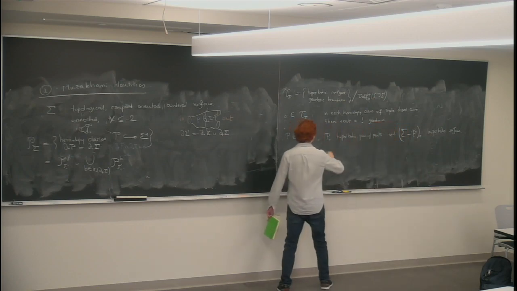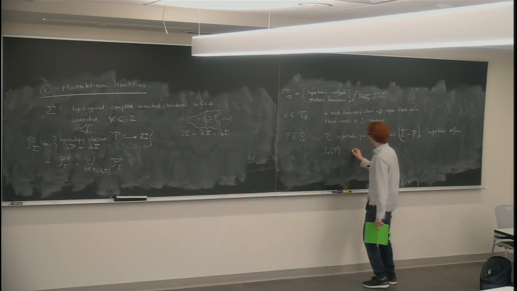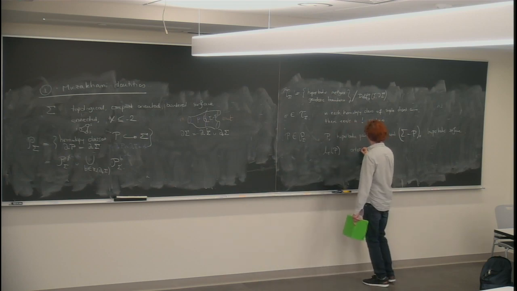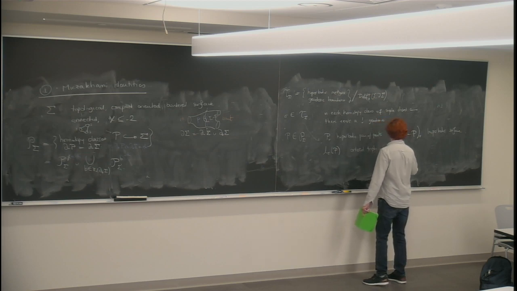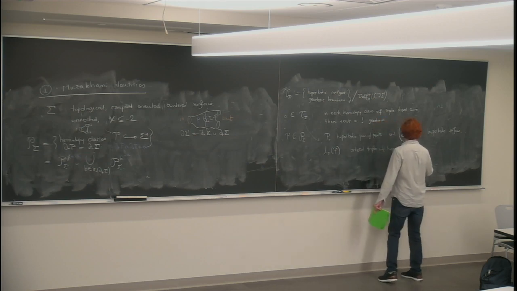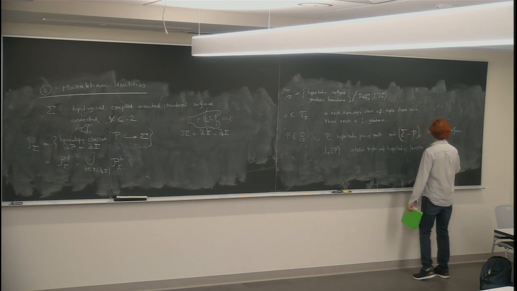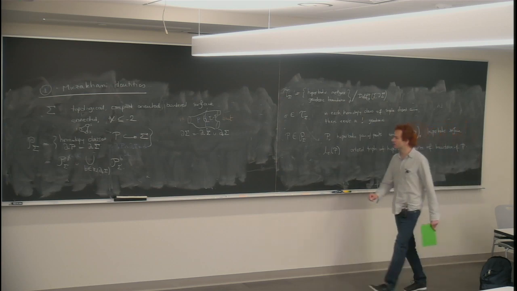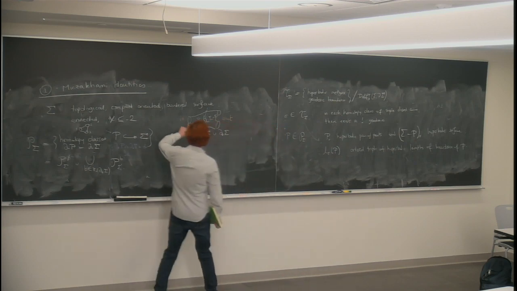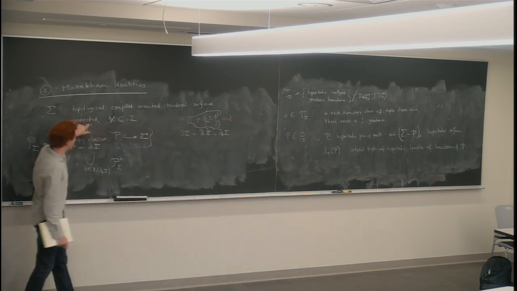And finally, I will denote L sigma p the ordered triple of hyperbolic lengths of the boundaries of p. For me, the first will always be the first boundary in a pair of pants. And then I told you I have an ordering.